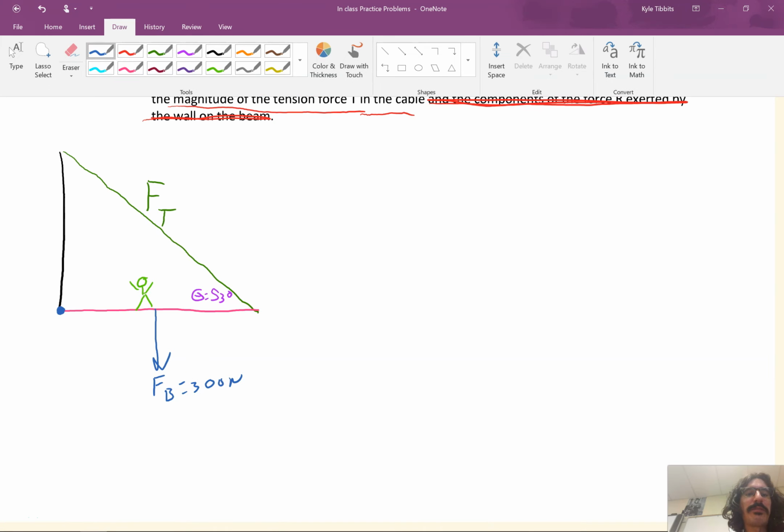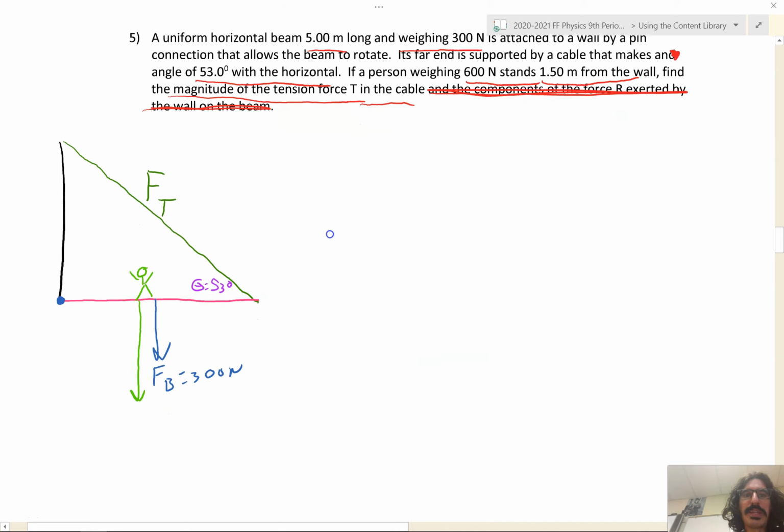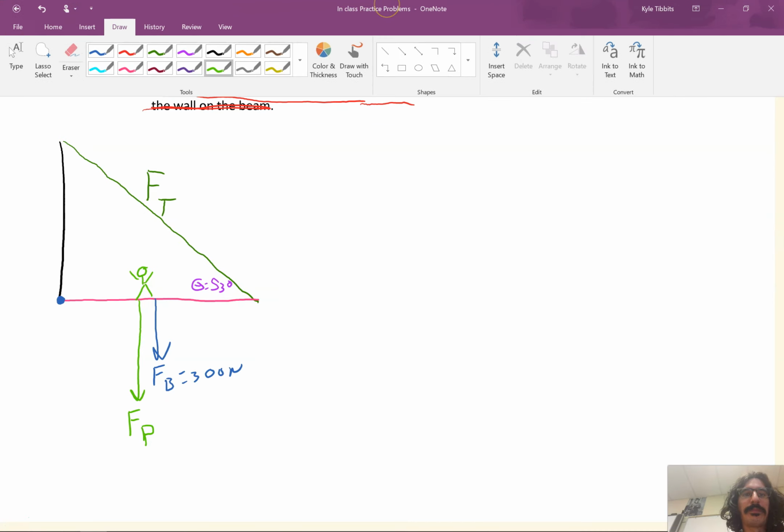We also have the force of gravity by the person. I'm just going to draw longer to separate them. Let's call that Fp for person. And then we have the force of the cable.